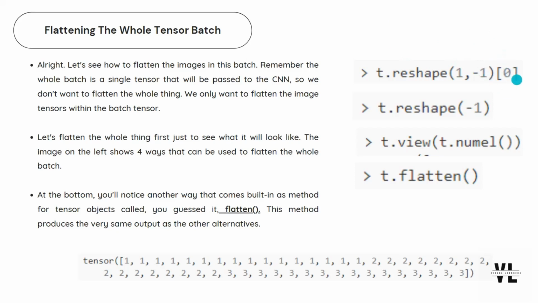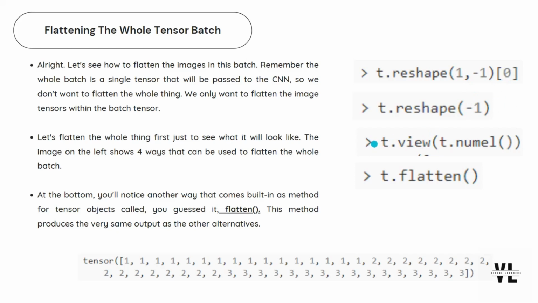Then we access the first element because the shape now is 1 by 48. In order to remove the 1, we select the first element if you use this kind of method. But if you just use -1, it's not going to have a shape of 1 by 48, but only 48. So here you don't need to use the indexing.